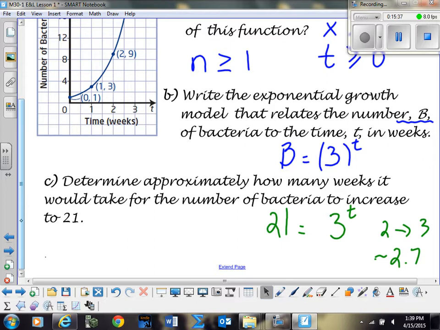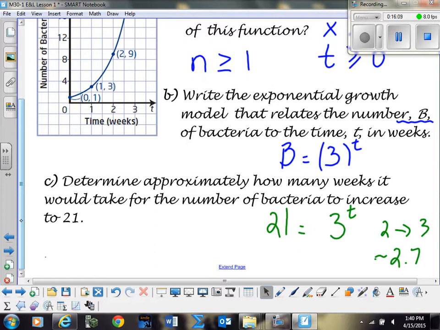Now, to get a more accurate calculation, we could easily calculate this on our calculators and go y1 equals 3 to the x, y2 equals 21, change the window so y max is higher than 10, and graph.